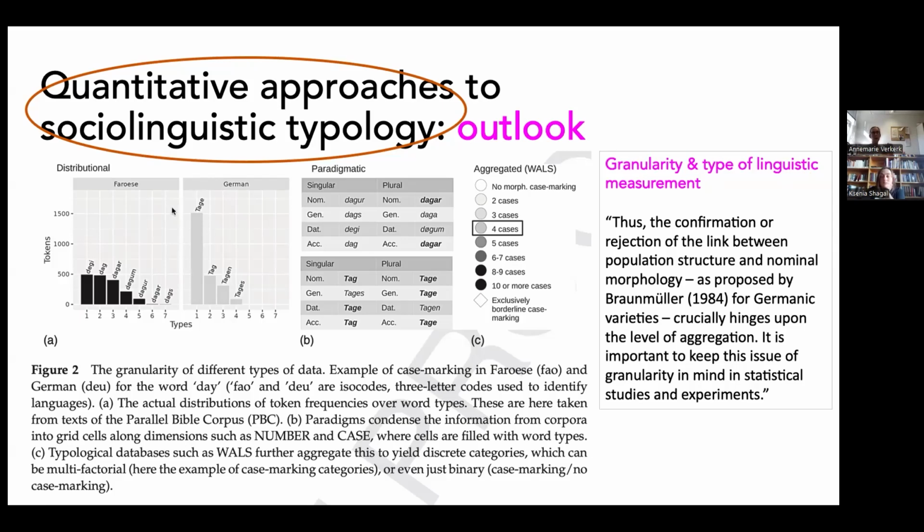In German, Tage is really the most frequent token, whereas in Varus, we have Degi and Dag as the most frequent ones, and the distribution looks quite different. In the paradigm, we see the reason for that: German has the forms Tag and Tage, which are really popular. They occupy several slots in the paradigm.